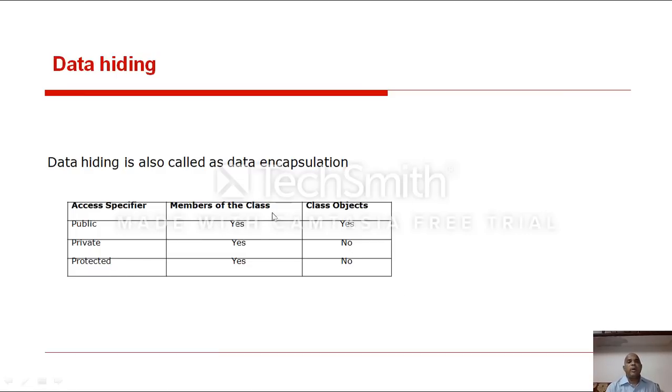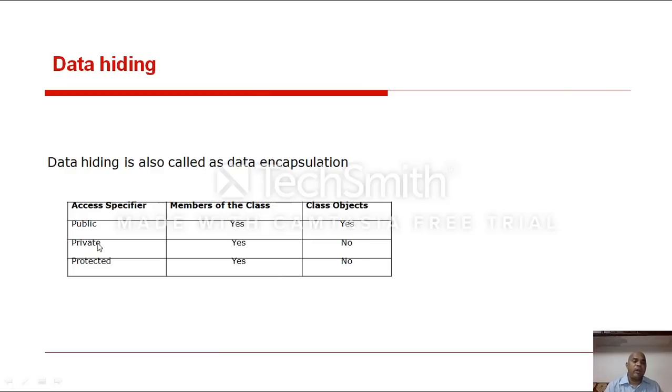In public mode, we can access members anywhere in the program: members of the class, yes; class objects, yes. Then the private access specifier: members of the class, yes; class objects, no.